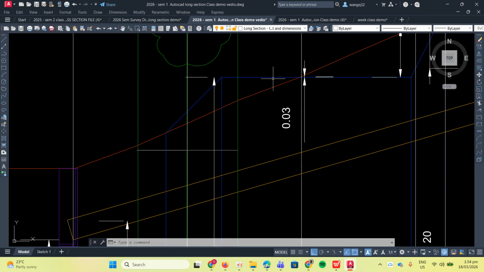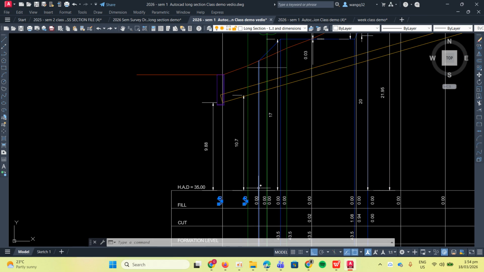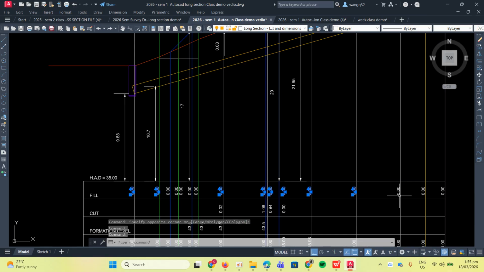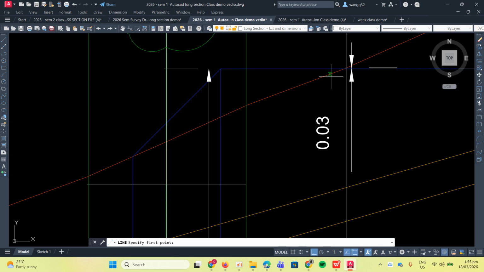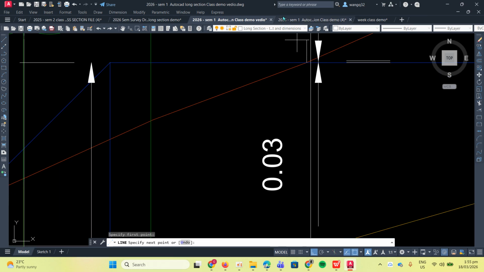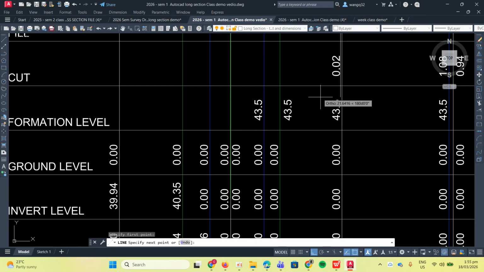So for those where there's no fill, no fill here, no fill here, no fill here, I just delete all those. So that will be our fill. Start from 0, 0. I might need to do a line here as well. That will be our equal cut and fill. So then we know where the cut starts from and where the fill starts from.